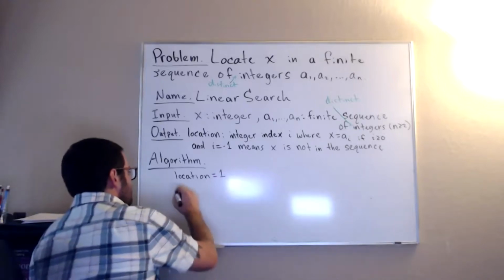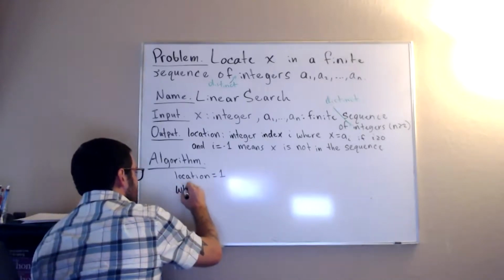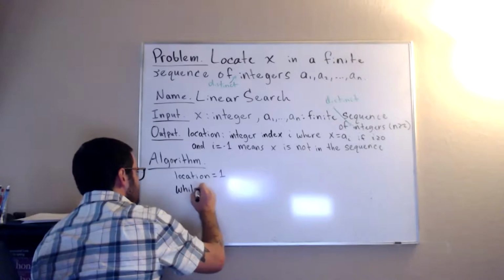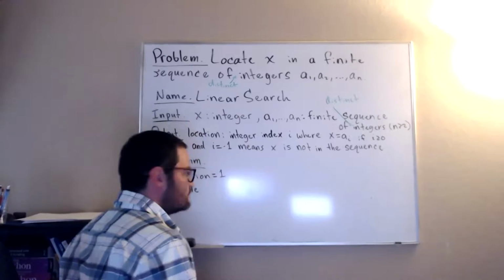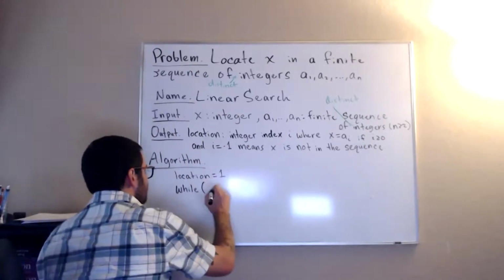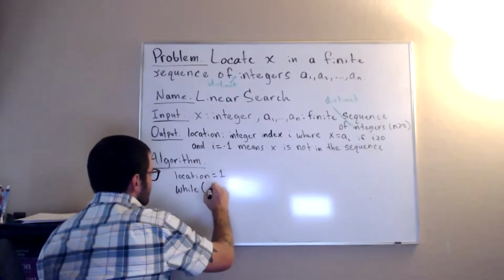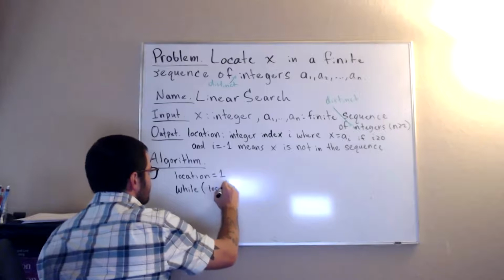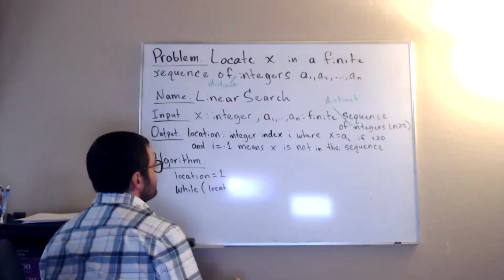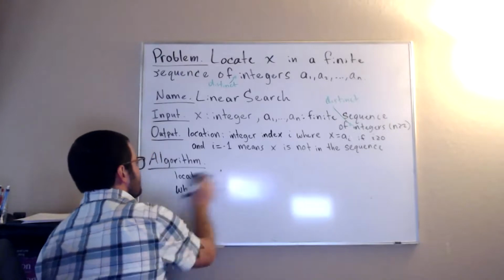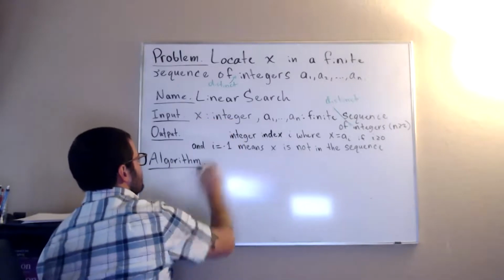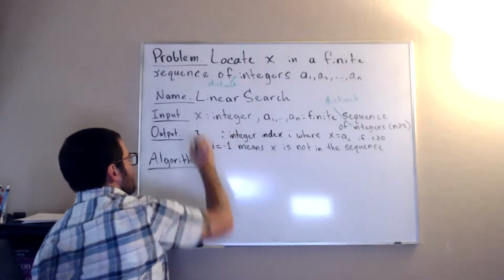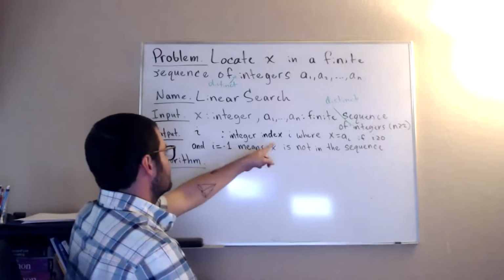Location is too big of a name for an index, so I'm just going to call this index I. It's an integer index I. It still works.